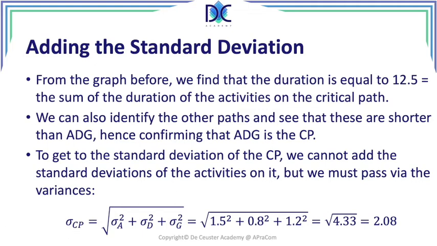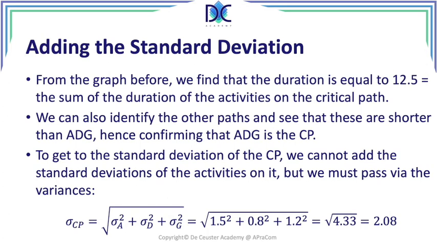So the standard deviation squared of A, the standard deviation squared of D, and the standard deviation squared of activity G, which gives us 1.5 squared, plus 0.8 squared, plus 1.2 squared, and you can calculate that this is the square root of 4.33, which is equal to 2.08. Now we can make an estimation.